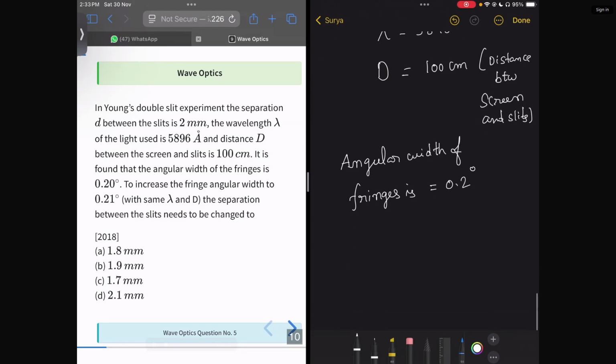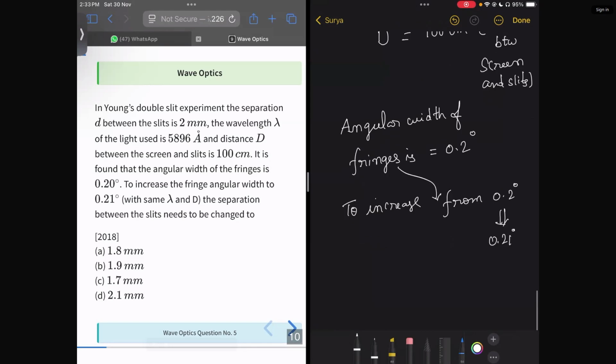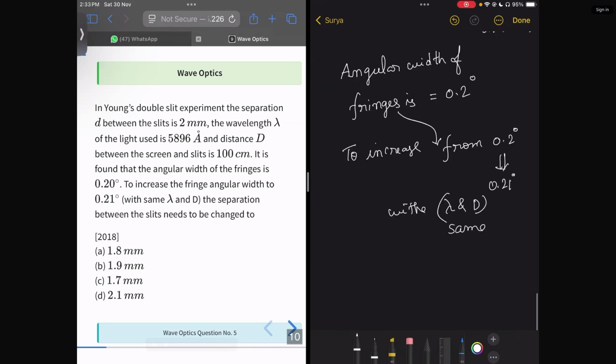They are asking to increase the angular width of the fringe from 0.2 degree to 0.21 degree with the same lambda and D. The separation between slits needs to be changed.